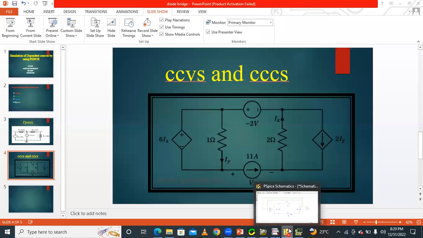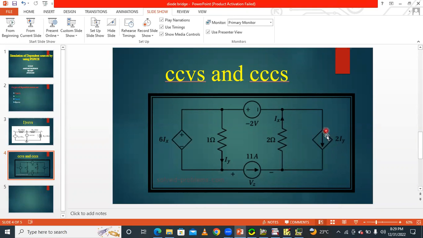Next, this connection is over, and then 2Iy. For this 2Iy, the current direction is downwards, and this current direction is also downwards.